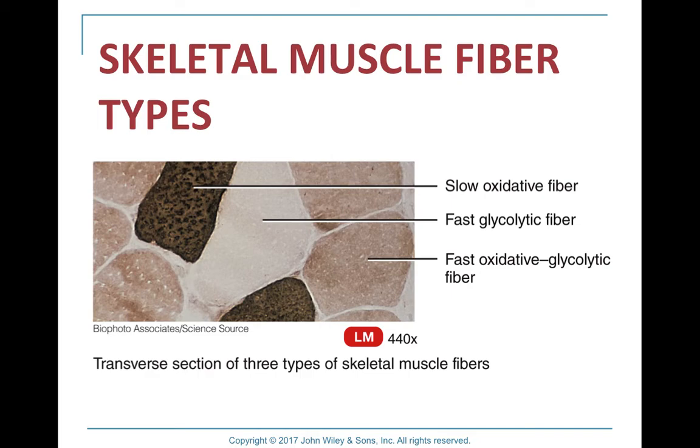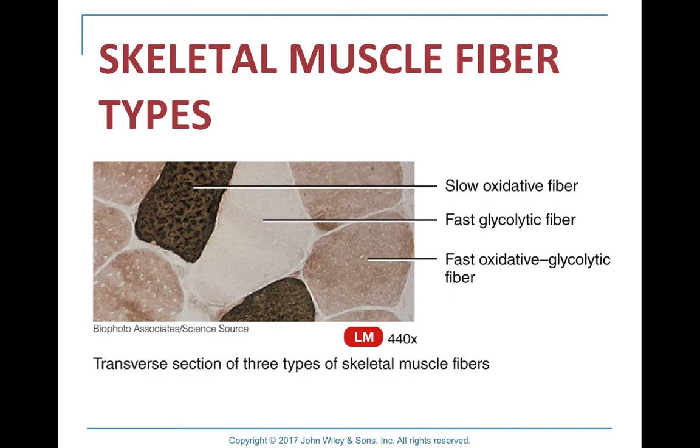The fast oxidative glycolytic fibers are intermediate in size. They're also a darker red, and they're moderately resistant to fatigue. And then the fast glycolytic fibers here are good for our strength training. So they have a low myoglobin content.